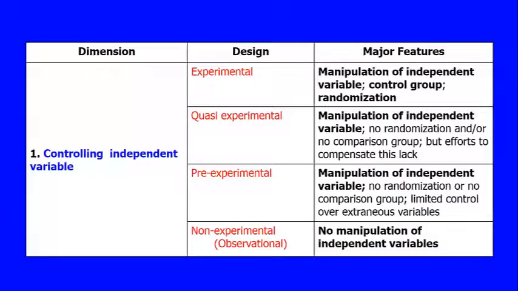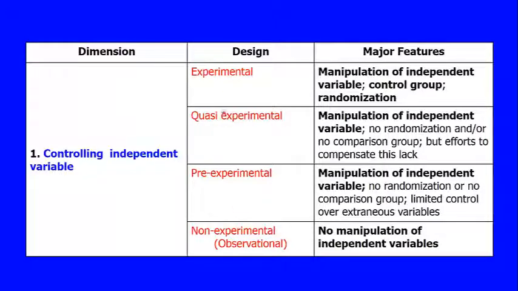Let us see this important table and how we can see the effect of these different dimensions on the design. For example, here, controlling the independent variable, or what we call the interventional study. According to this dimension, our study design can be divided into experimental, quasi-experimental, pre-experimental, or non-experimental at all.